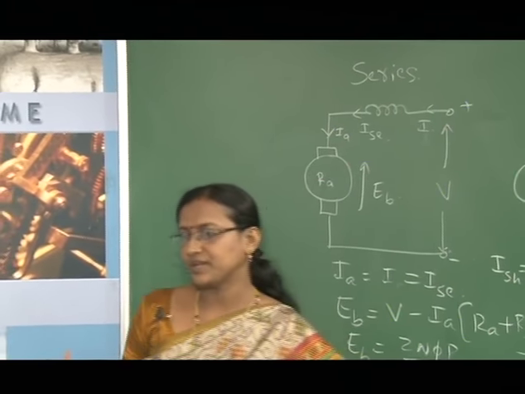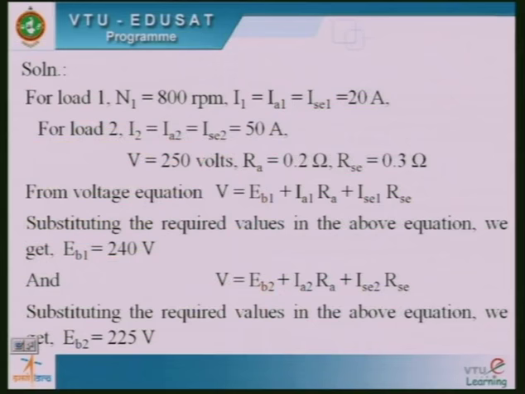Use this relationship to get the value of EB1. You know V is 250 volts, IA1 is 20 ampere, RA is 0.2 ohm, ISC is same as IA1, RSC is 0.3. Substituting and calculating, we get EB1 as 240 volts.